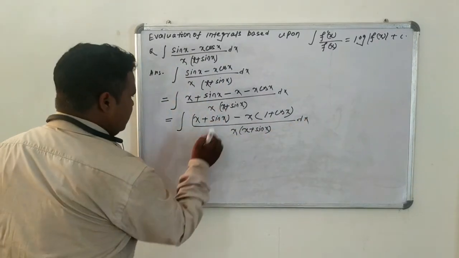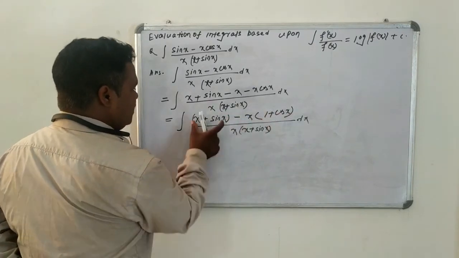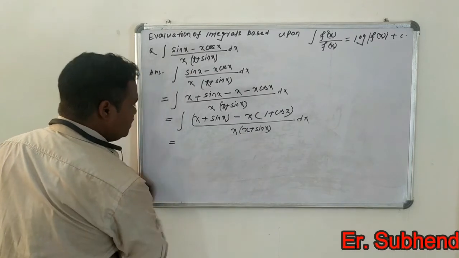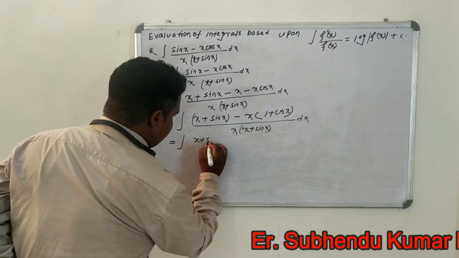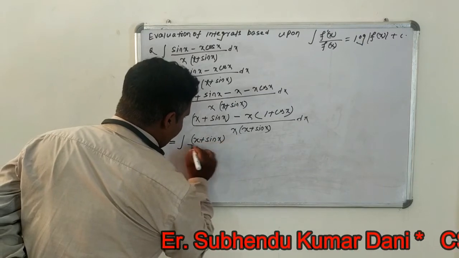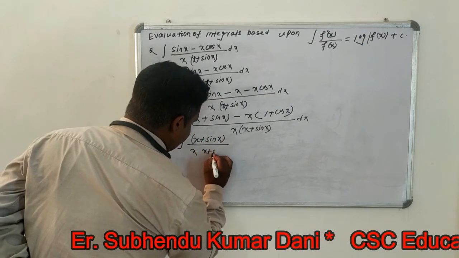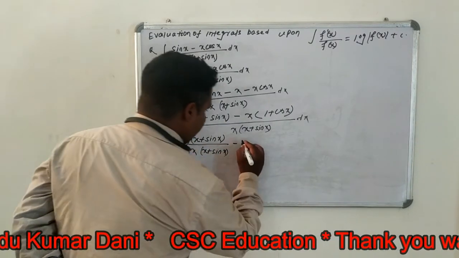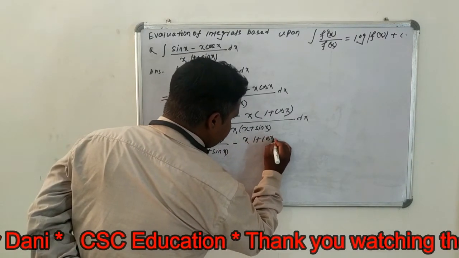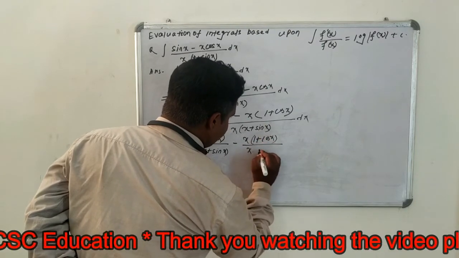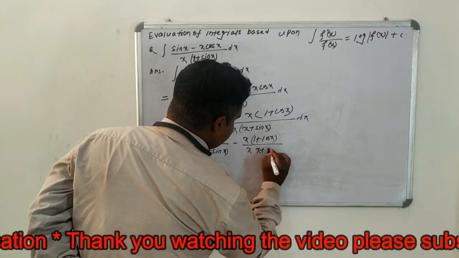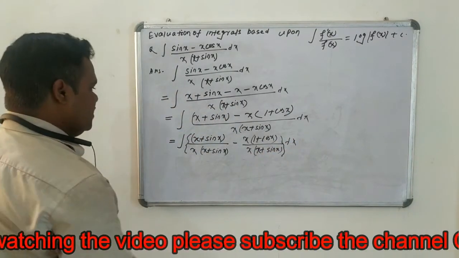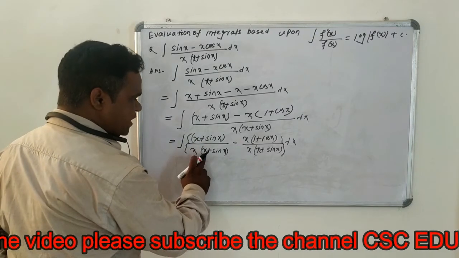Now suppose a is divided by this factor and b is divided by this factor. So this equals the integral of x plus sin x divided by x times x plus sin x, minus x times 1 plus cos x divided by x times x plus sin x dx. Now cancel the factor x plus sin x.